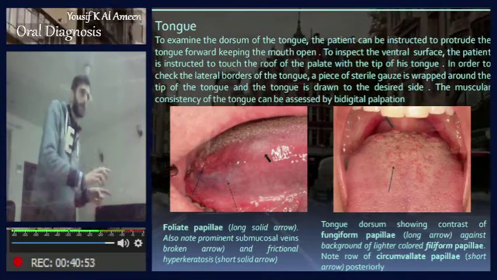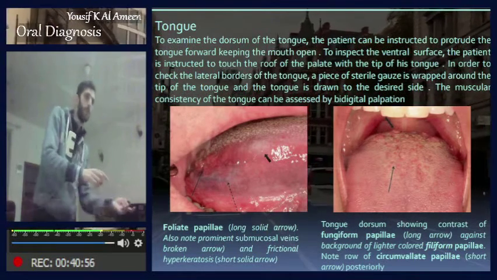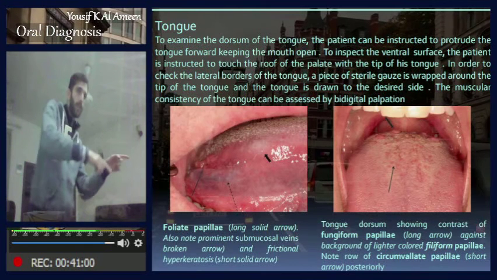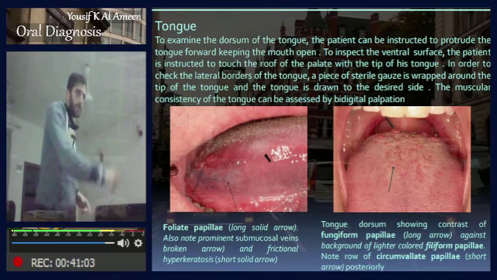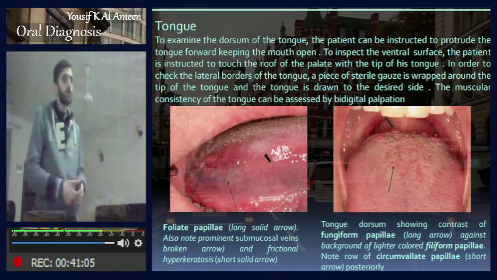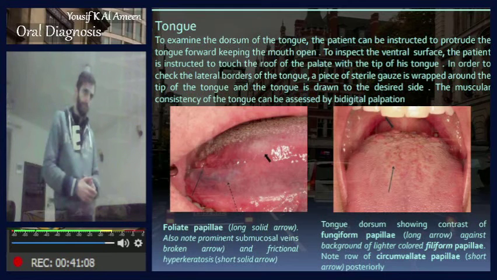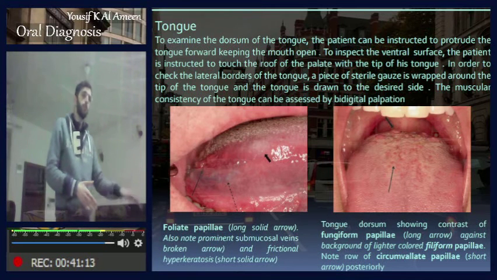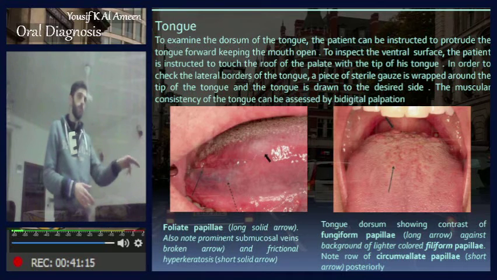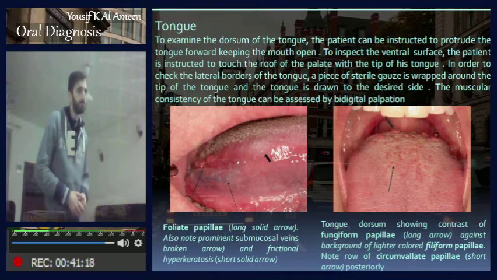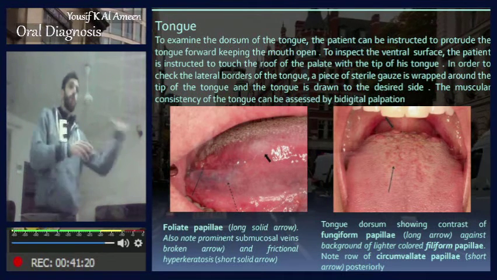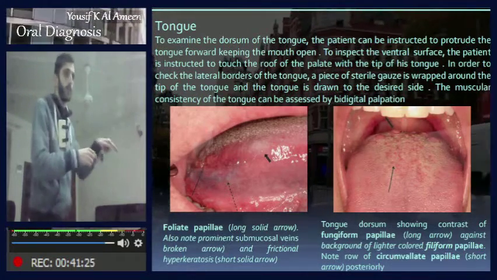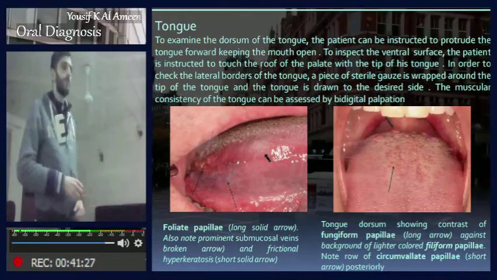In this arrow, the upper one, the small one here, we can see a frictional hyperkeratosis, short solid arrow, but the most important one is the foliate papillae. This one, the nearest line. On the other picture, as you can see, this one here.